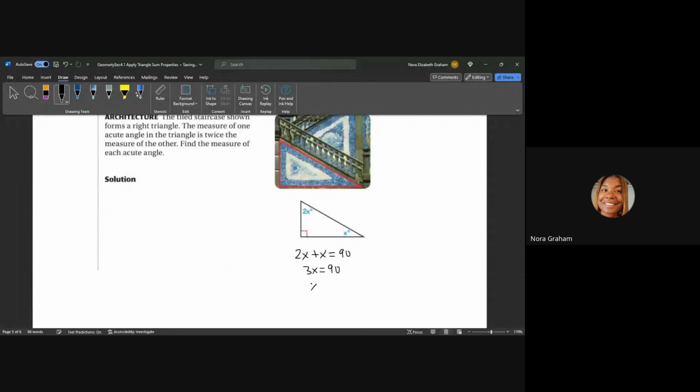I'm going to get X equals 30. But I'm not done because they want us to find the acute angles. So I use substitution. 2 times 30, that's going to give me 60. And then this X is just 30. And later on, we'll get more used to these triangles. These are called 30, 60, 90 triangles. Okay, and we're going to deal with those later on.